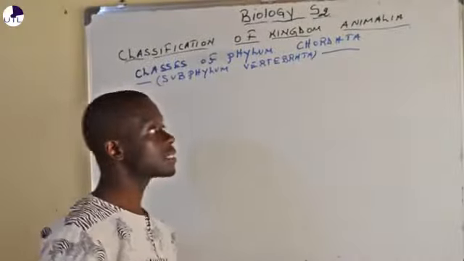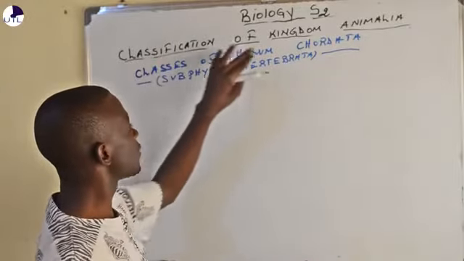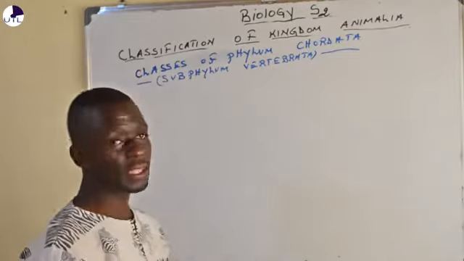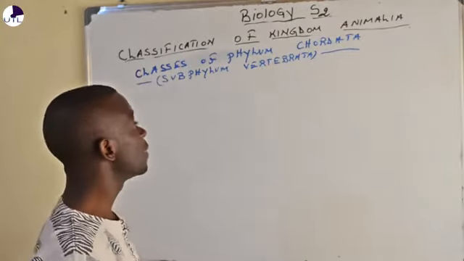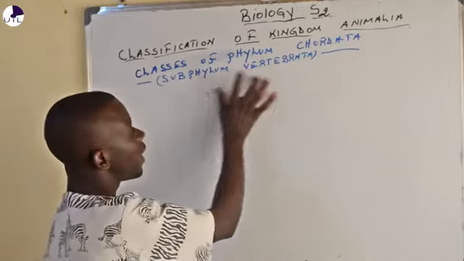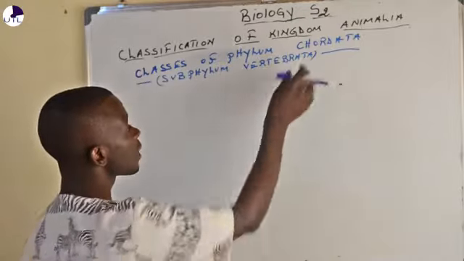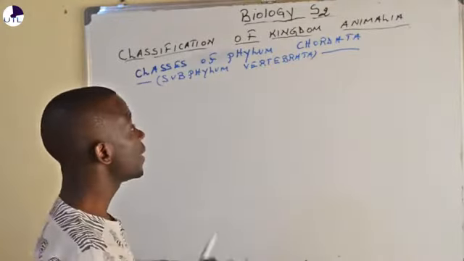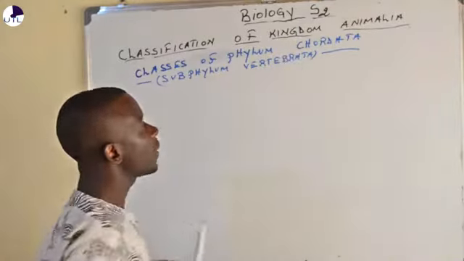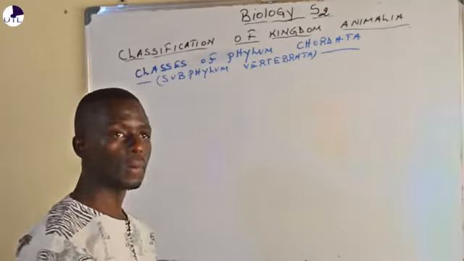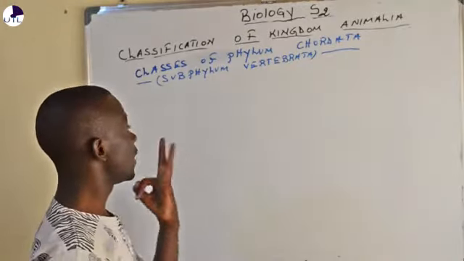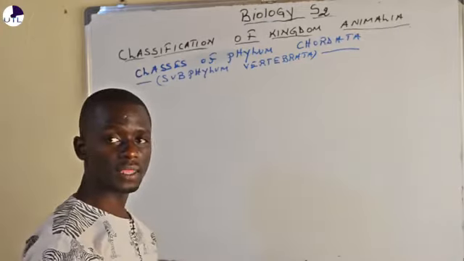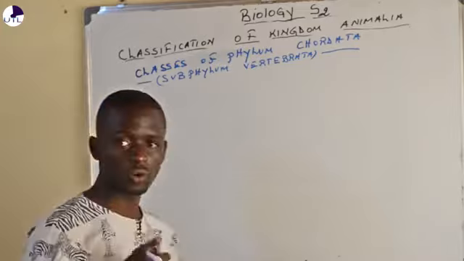Hello dear students, we are still on the classification of kingdom Animalia. The classes of Phylum Chordata is what we are going to deal with, but under the subphylum Vertebrata. This kingdom Animalia is divided into different phyla, and the phylum Chordata is divided into three subphyla: the subphylum Vertebrata, the subphylum Urochordata, and the subphylum Cephalochordata.